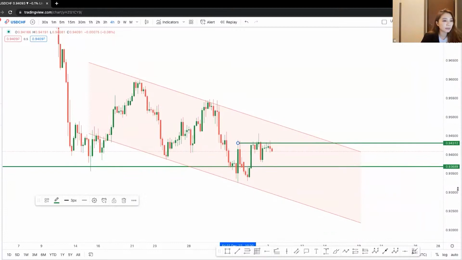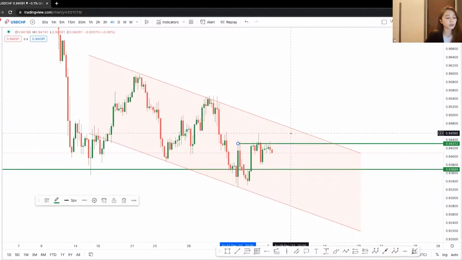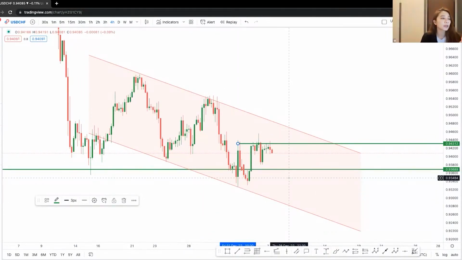All right, for those that are carrying on with a dollar franc trade, this is a price point that you guys have to take note of. It does seem like the price has difficulty bouncing all the way up to the resistance that we have at this level. However, I think we do have to take a closer look on where it's going. It looks like on H4, it is still moving sideways with an underlying bearish momentum.